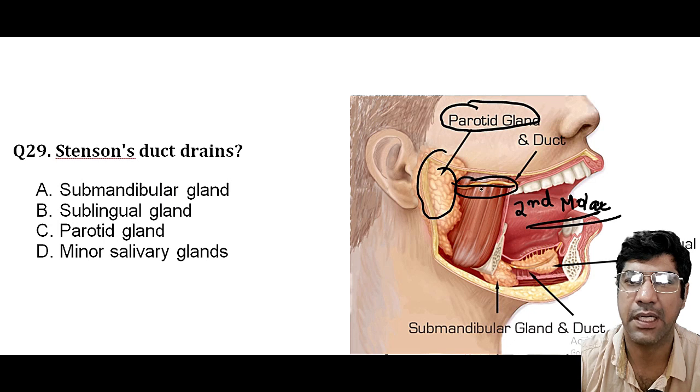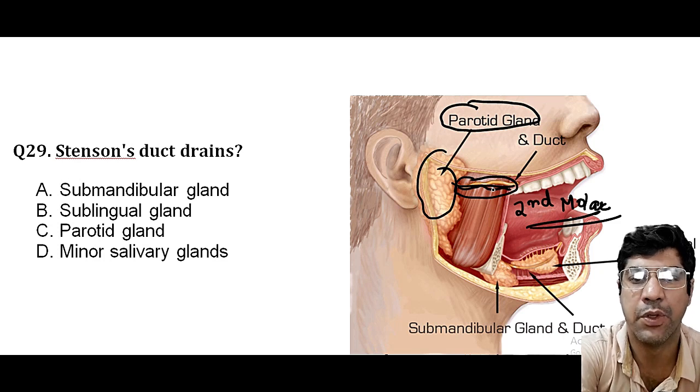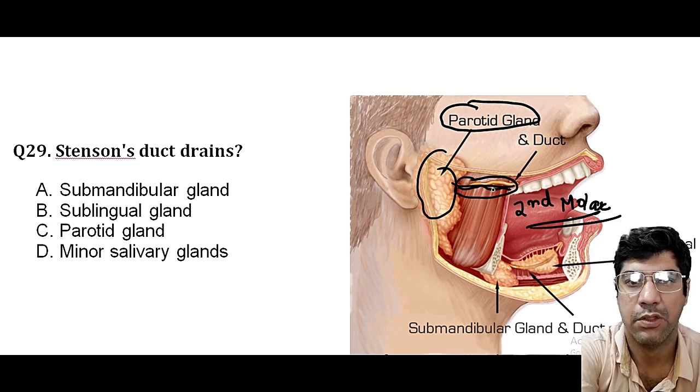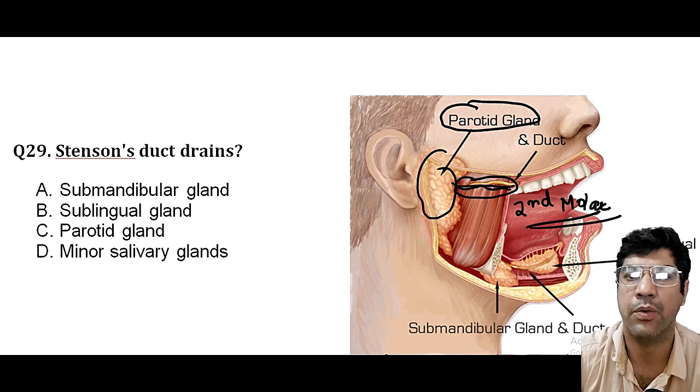The Stenson duct is like a small tube that starts in your cheek where the gland is and goes into your mouth. So this small duct will carry the saliva from the cheek gland and release it into your mouth.